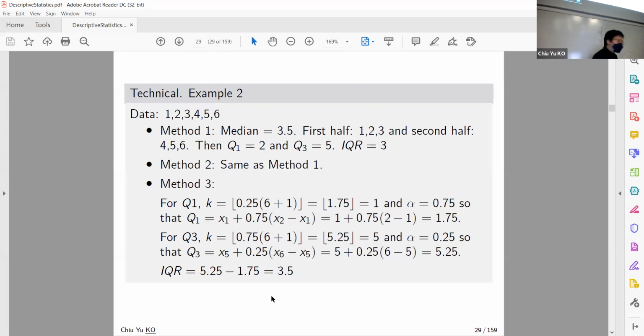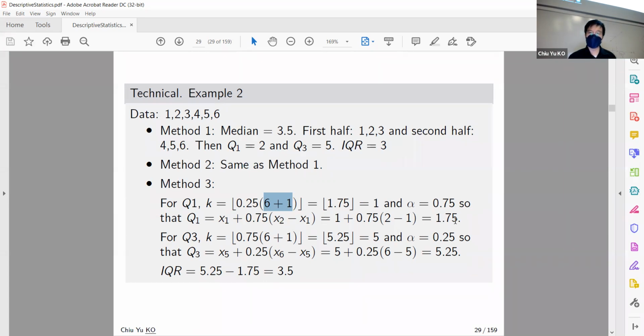Now you look at 1, 2, 3, 4, 5, 6, okay? You have 6 observations, so n plus 1 will be 7. 7 times a quarter is 1.75. And then the left side is between 1 and 2, okay? And 1.75 is 0.75 of the way up to 2. So it's x1 plus 0.75 of the distance, okay?